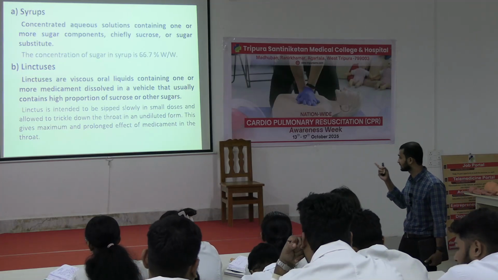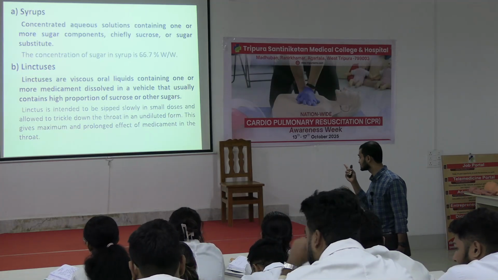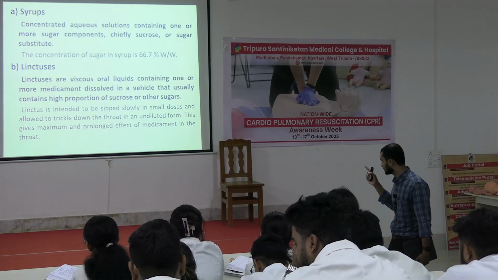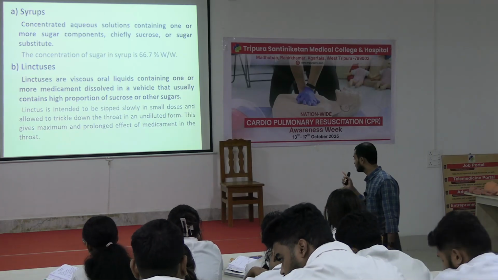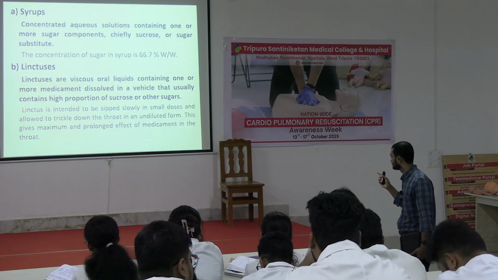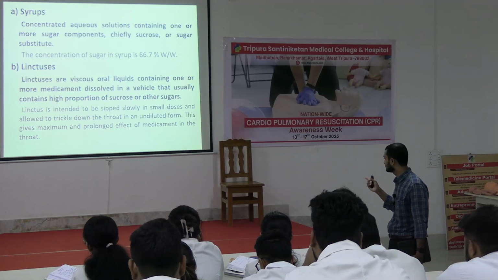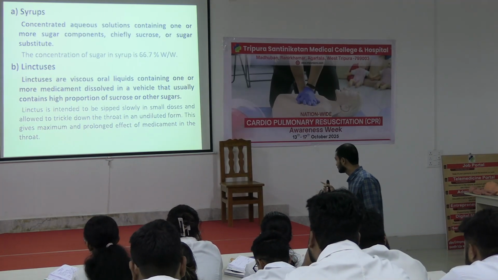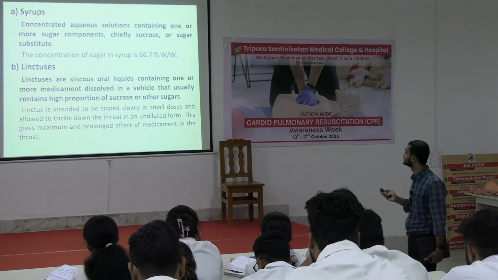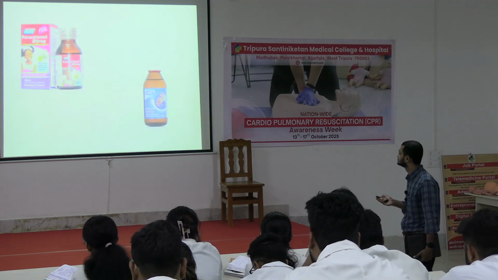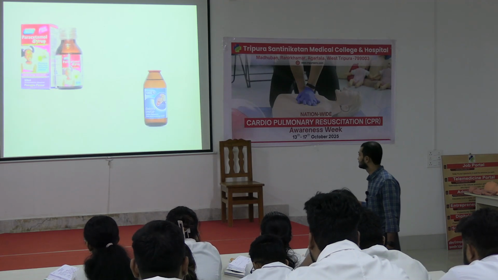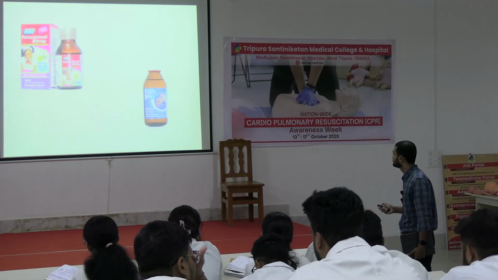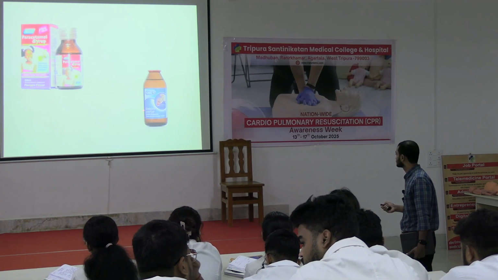And how will you take it? Linctus is intended to be sipped slowly in small doses, to allow it to trickle down the throat in an undiluted form. This gives maximum and prolonged effect of the medicaments in the throat. So this is the picture of the syrup, and this is the picture of the linctus.